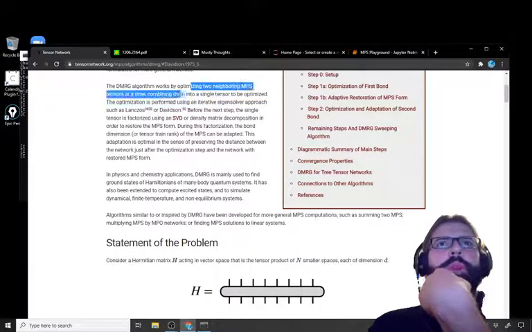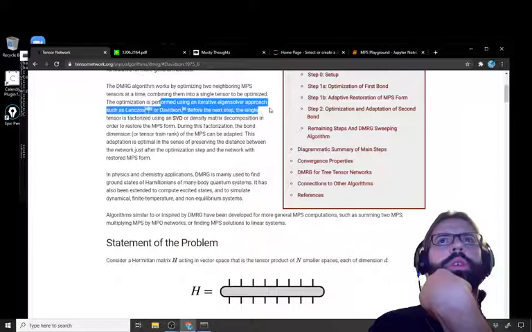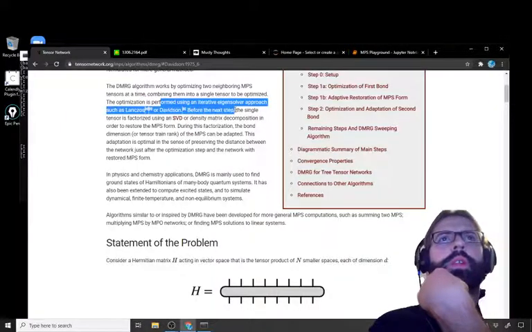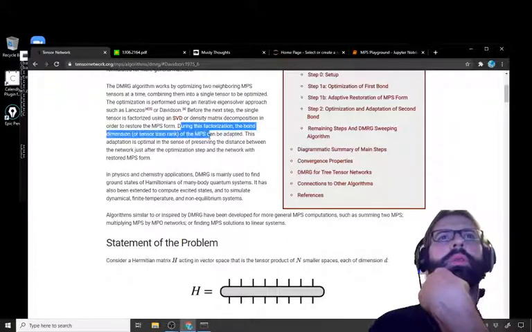Two neighboring MPS tensors at a time are optimized using an iterative eigensolver approach. Before the next step, single tensors are factorized using SVD or density matrix decomposition to restore the MPS form. The bond dimension can be adapted.